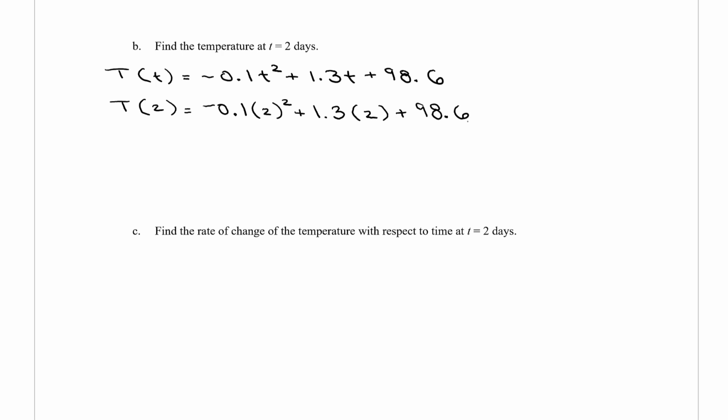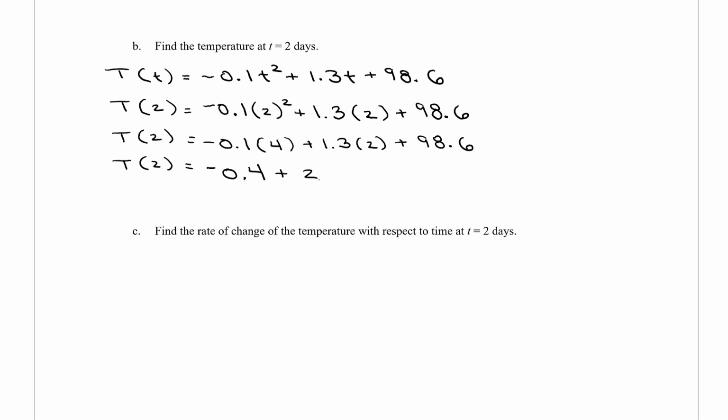That simplifies to T(2) equals negative 0.1 times 4 plus 1.3 times 2 plus 98.6. T(2) is equal to negative 0.4 plus 2.6 plus 98.6. So ultimately, the final answer, T(2) equals 100.8 degrees Fahrenheit.